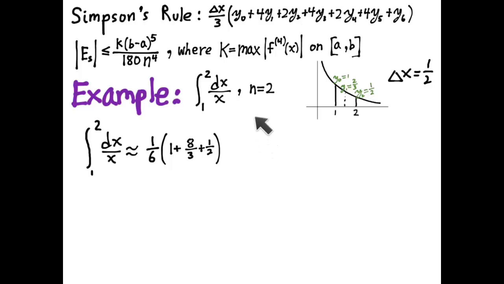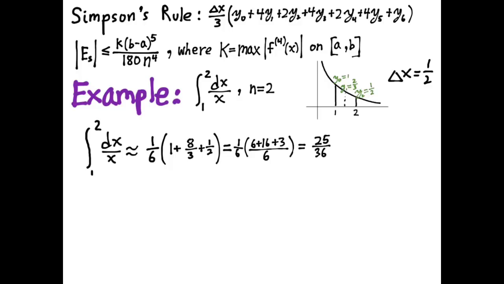See, when you have 6 elements, then the pattern's 1, 4, 2, 4, 2, 4, 1. But when you have 3 elements, the pattern's 1, 4, 1. When we simplify this expression, the result is 25/36. And that is our n equals 2 Simpson's rule approximation to the integral from 1 to 2 of dx over x.